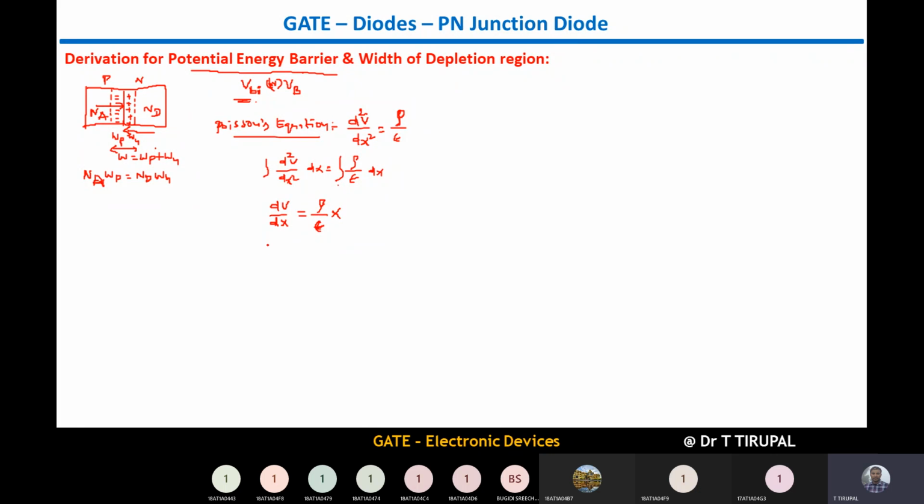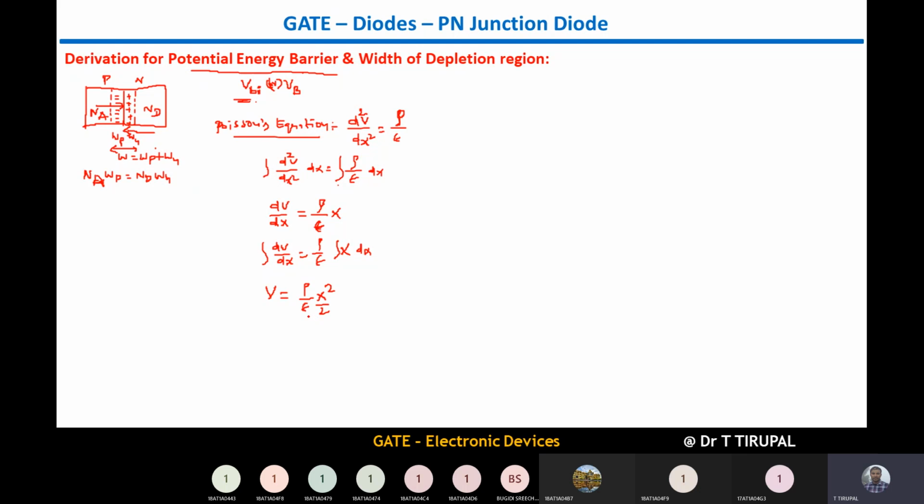Again integrating on both sides, dV by dx is equal to rho by epsilon times integration of x dx. So what do you get here? Integration of dV by dx is V, that is equal to rho by epsilon into x square by 2.